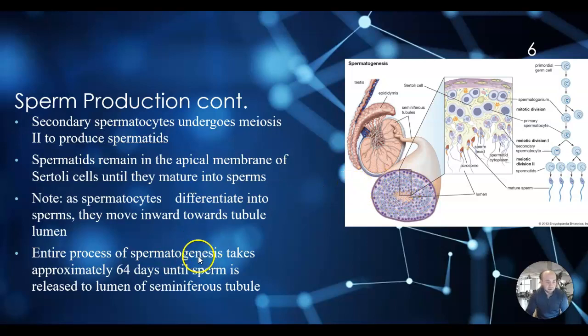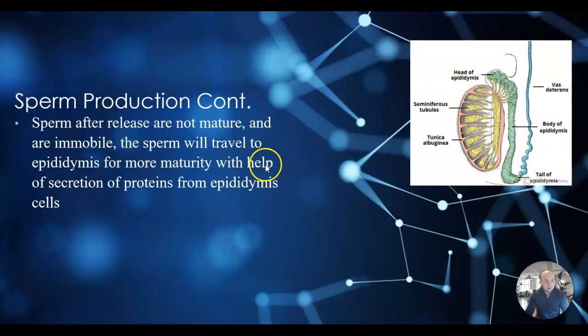The entire process of spermatogenesis takes approximately 64 days until sperm is released to the lumen of the seminiferous tubules. So these are your seminiferous tubules right here. So it takes about 64 days for those to release to the lumen of these areas. Sperm that are released are not mature and are immobile. The sperm will travel to the epididymis for more maturity, with the help of protein secretion from the epididymis cells.